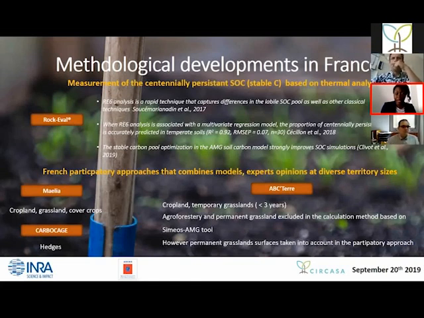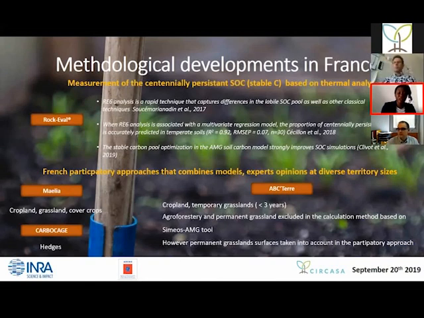In fact, the AMG model is a simple model whose prediction is improved when the optimization of the stable carbon pool is made with the Rock-Eval 6. So it could constitute a standard method to complement carbon stock measurement in soil monitoring programs.